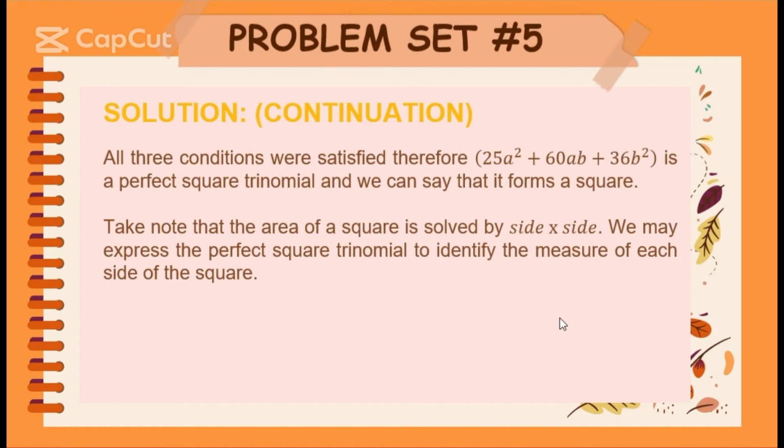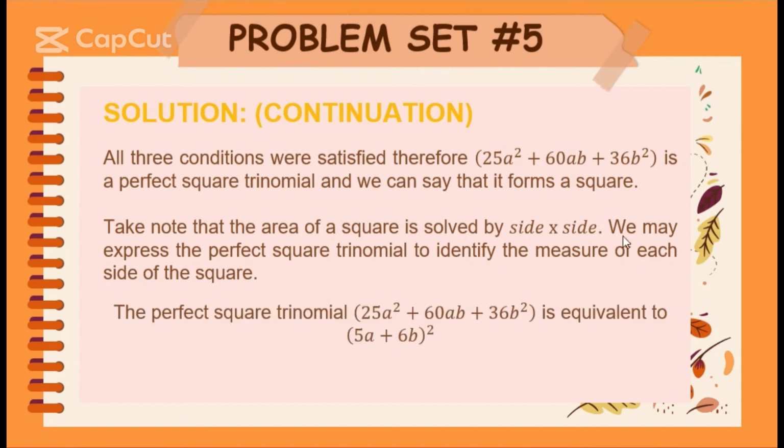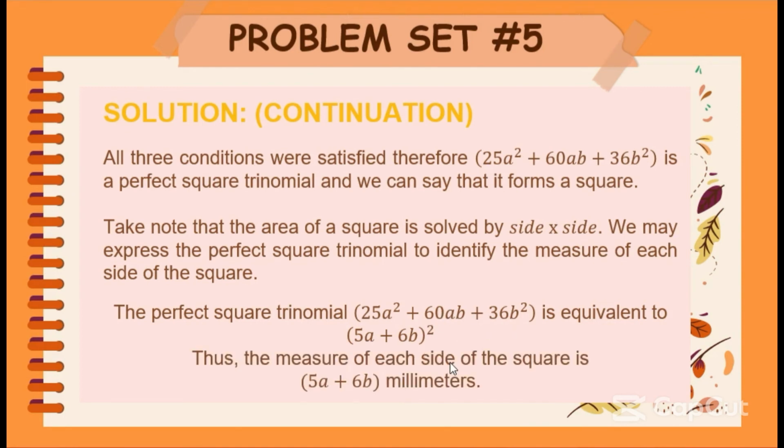So, dahil perfect square trinomial siya, ang gagawin lang natin, get the square root of the first term and get the square root of the last term and then put the square there. And that will be our answer. So, our side is 5a plus 6b millimeters. Don't forget the sign or the unit. Okay? So, 5a yung square root ni 25a squared and 6b ang square root ni 36b squared.